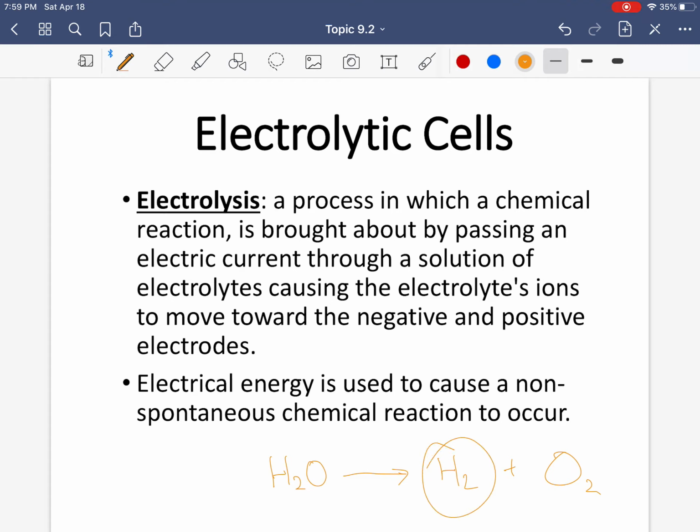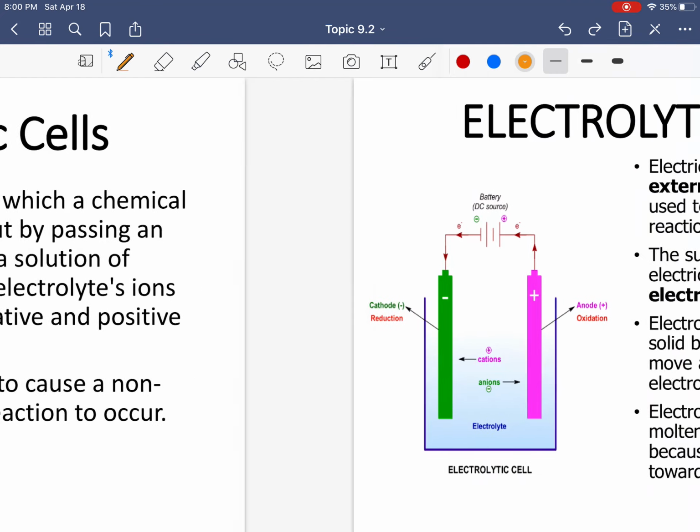I think your teacher might have even tested this by lighting a flaming splint and getting that little pop, with a glowing splint to get flame reignition. Well, the idea is kind of the same here, but we're not interested in looking at electrolysis of water, not today.